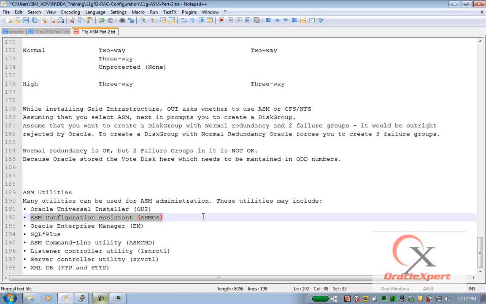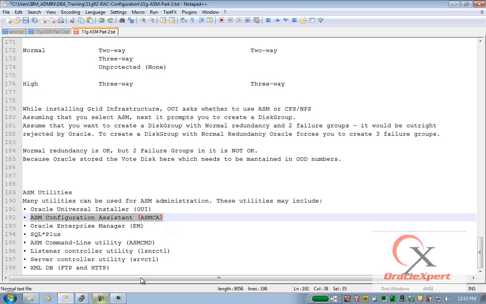If you see LSNRCTL status, you will find out the listener indeed connects to ASM. The server control utility SRVCTL is for starting and stopping of the database as well as the ASM instance, and the XMLDB interface allows FTP and HTTP connections to ASM. So you can connect using the FTP protocol to ASM. You can connect using the HTTP protocol to ASM to browse the files if you want to take a backup.